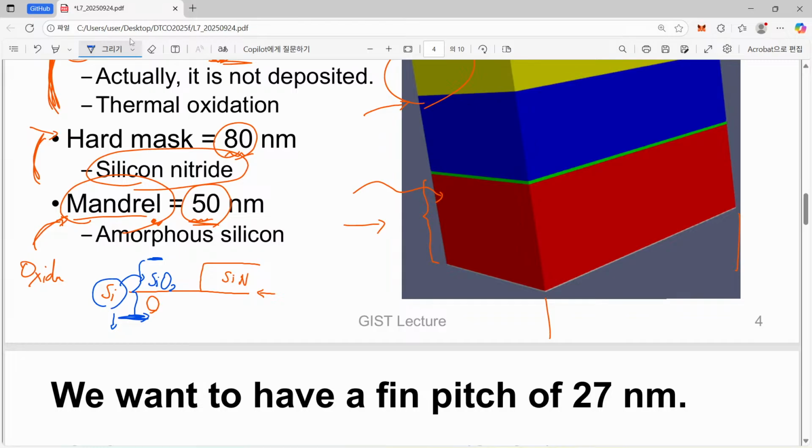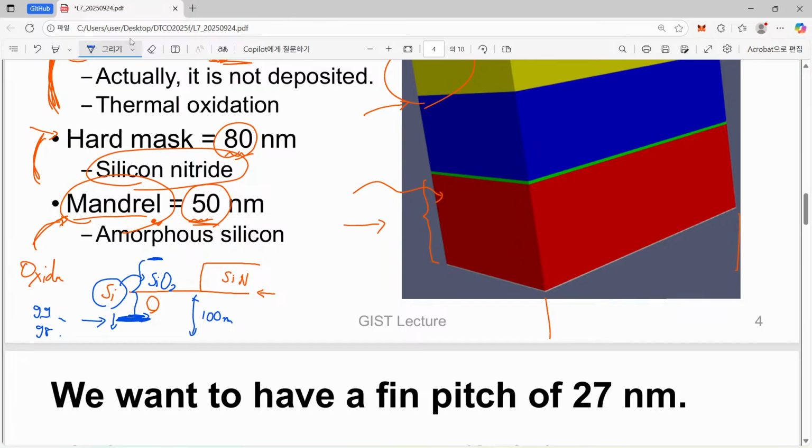So if we say that there was originally a 100 nanometer thick silicon layer, and we make oxidization of 3 nanometer, then roughly speaking, half of it is consumed. So the position of our silicon top will be no longer 100 in the coordinate, but around 99 or 98 nanometer in this case.